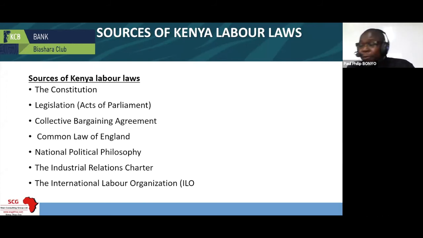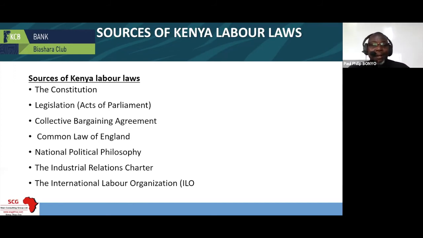National political philosophy is also a source of labor laws. The national political philosophy of any country, including Kenya, is normally contained in the manifestos of political parties. The Industrial Relations Charter is actually a tripartite agreement between the government of Kenya, the Central Organization of Trade Unions, as well as the Federation of Kenya Employers.